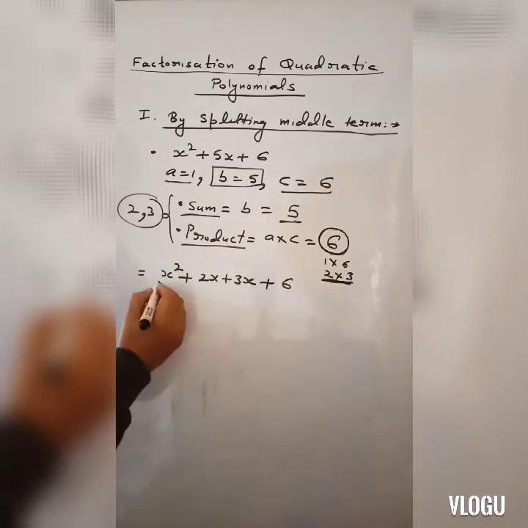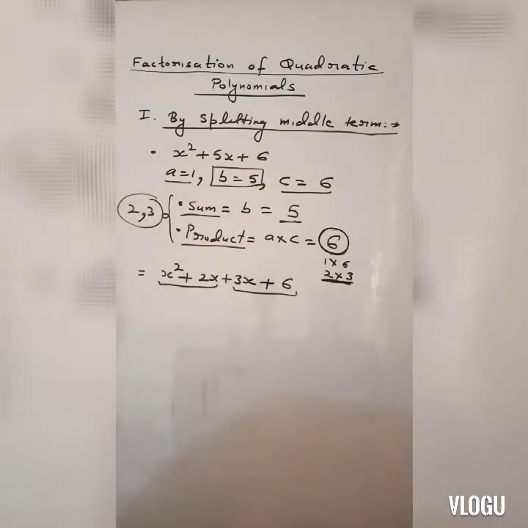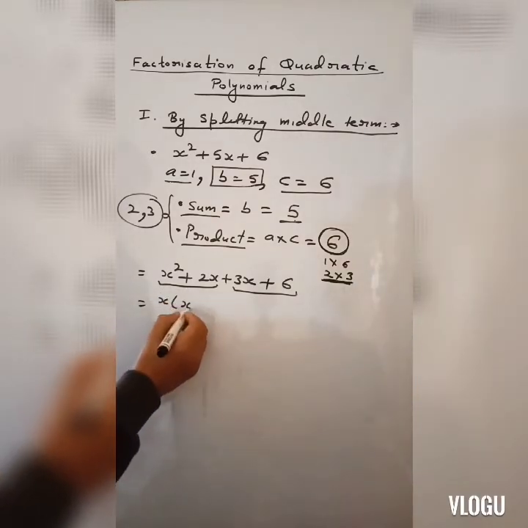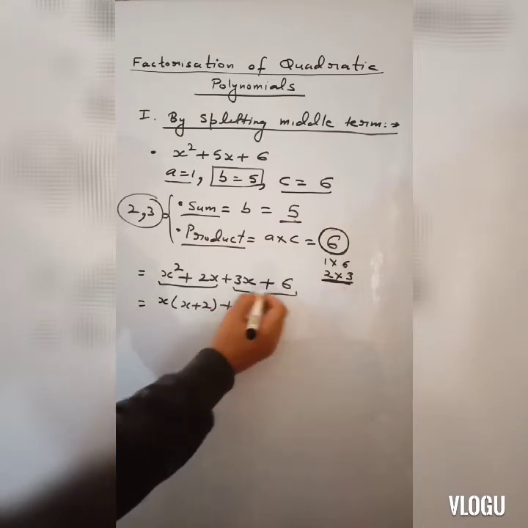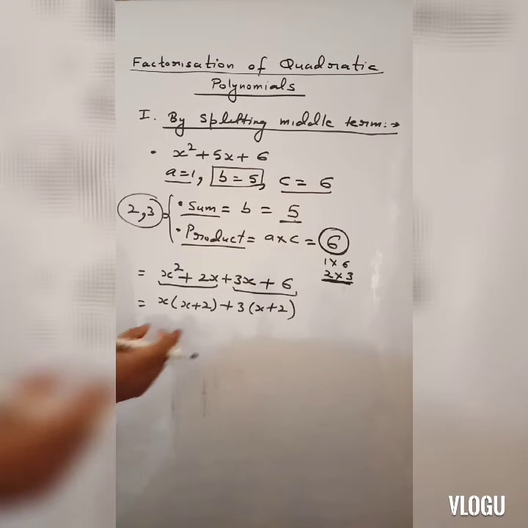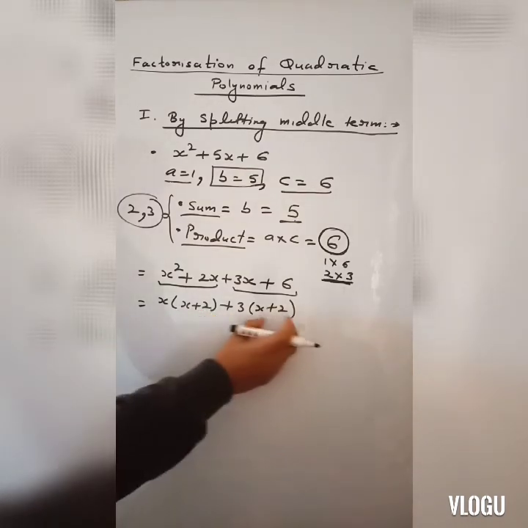Next step. Now we'll make the pairs. Don't write brackets. This way you can make the pairs. From the first two and last two terms, we'll group the terms. From the first two terms you can see x is common, so x plus 2. And in the last two terms you can see 3 is common, so 3 times x plus 2. You can see that the numbers in the first bracket and this bracket are always the same.